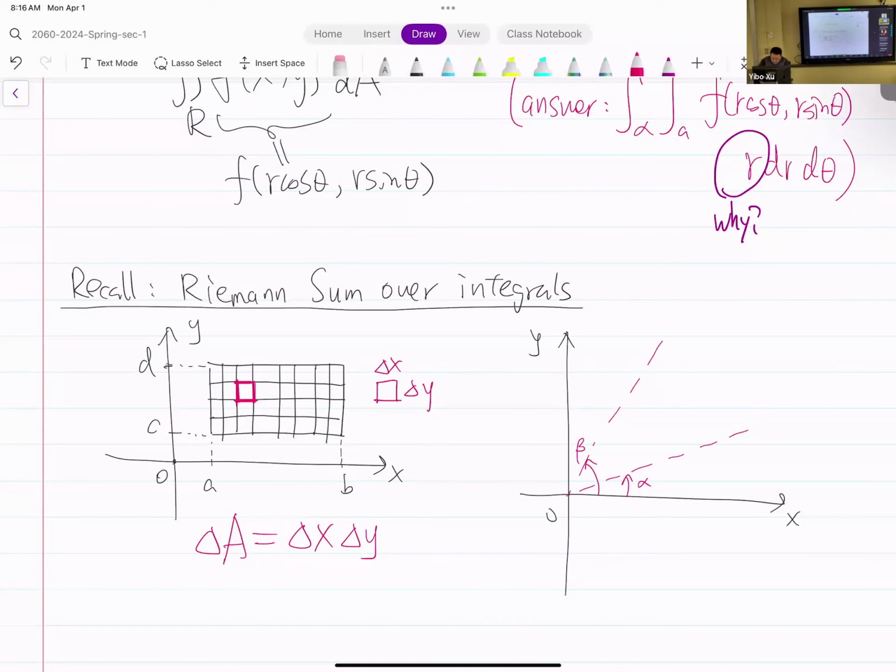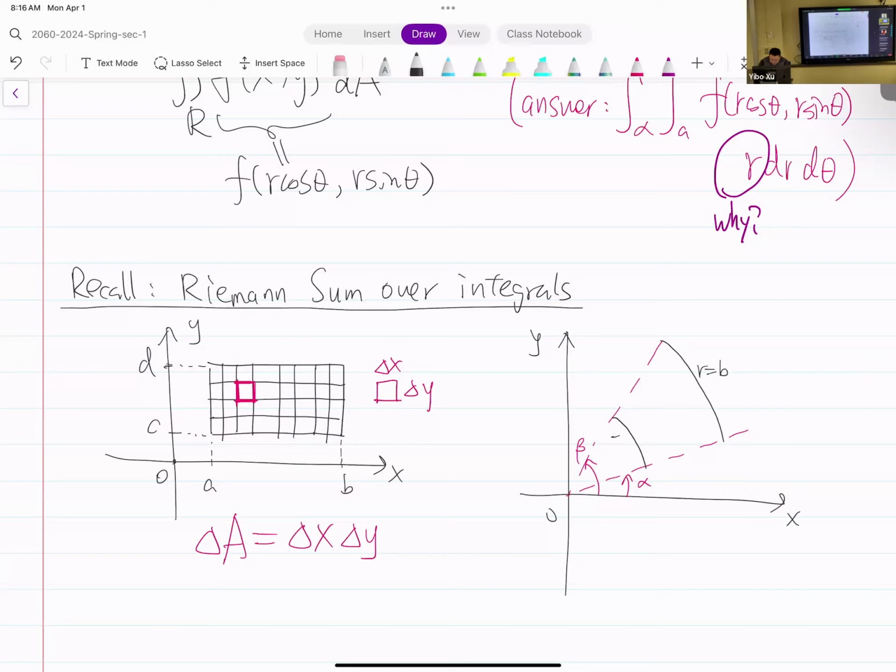And now we have r from A to B. So r is actually the radius. You have a smaller radius and a larger radius. This is r equal to A, and this is r equal to B.